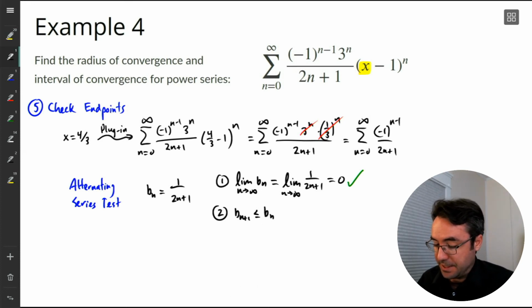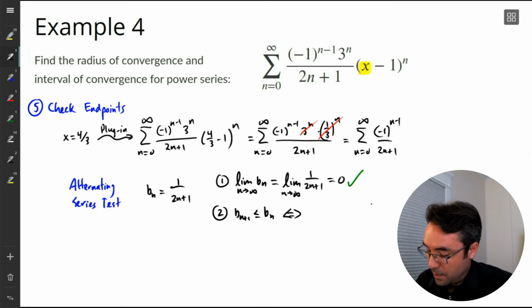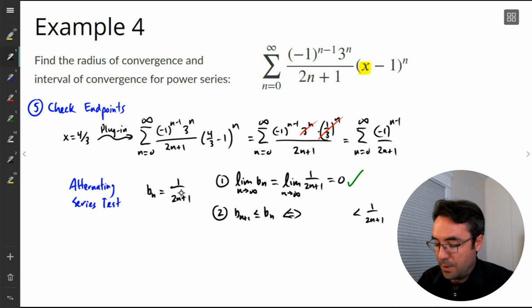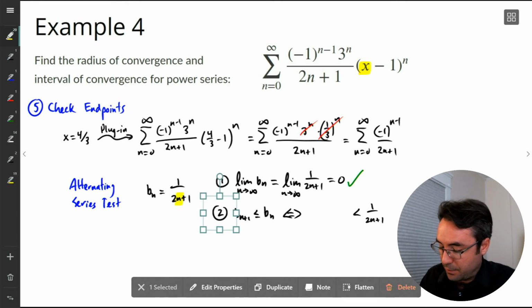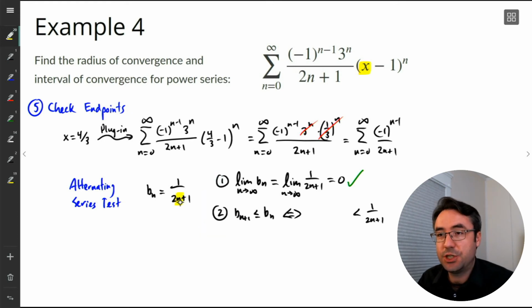All right, so let's actually check that. Let's just fill in what Bn plus 1 is and Bn is. So Bn is 1 over 2n plus 1. What is Bn plus 1? Let's go through the same process that we saw. Let's change that n to an n plus 1.